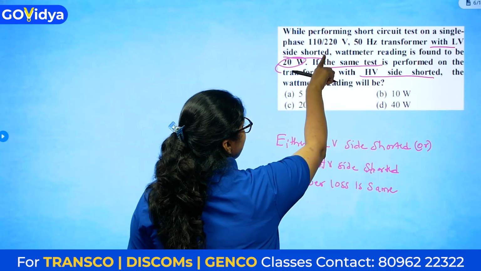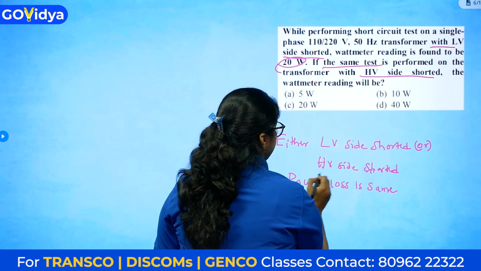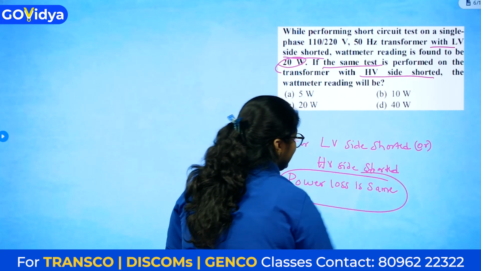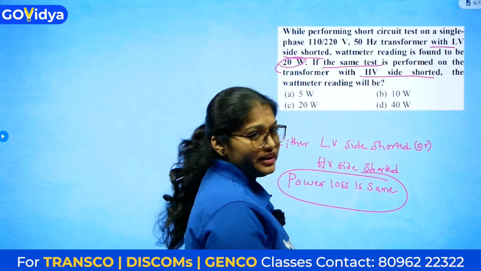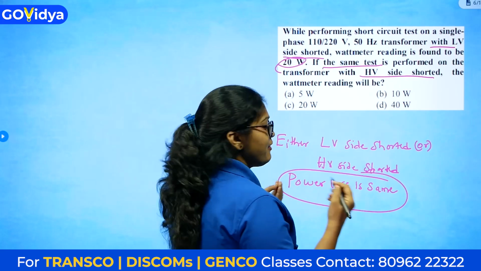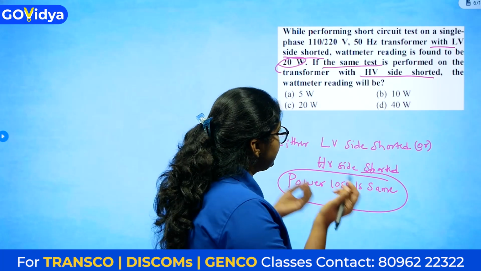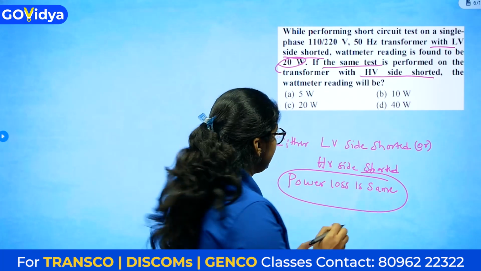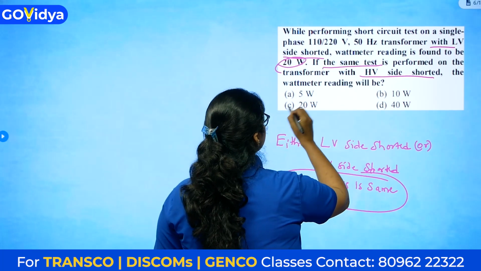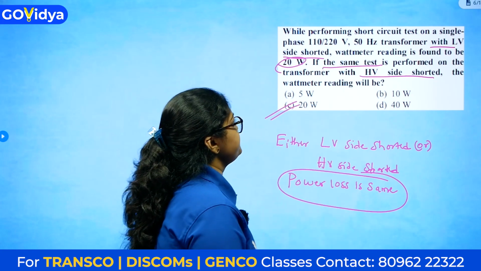At the time of LV shorted, we got 20 watts. If the power loss is the same, then definitely when the HV side is shorted, we will get the same 20 watts. So option C matches with the question. Clear?